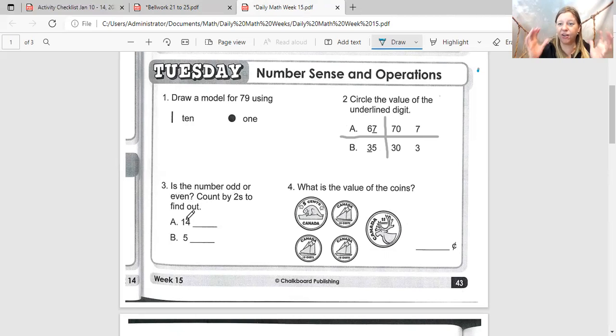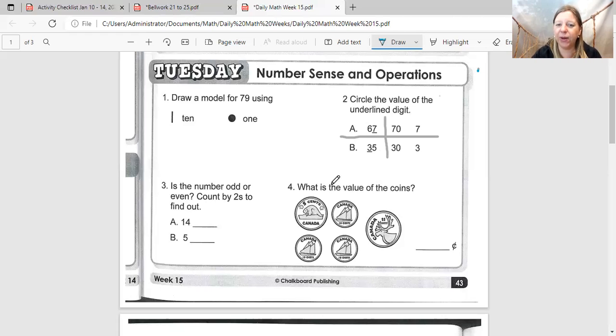Even numbers are those numbers where if you have that many counters and you pair them up in groups of 2, you won't have any left over. And an odd number is if you have that many counters and you pair them up in groups of 2, you will have 1 left over.